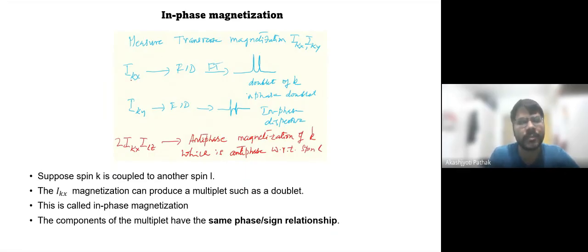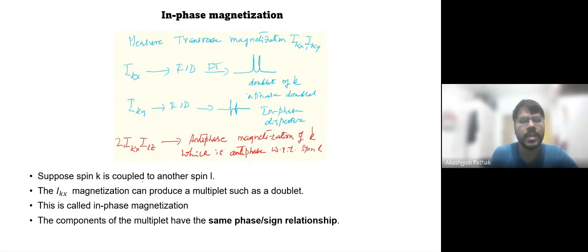When you are collecting an FID on the x-axis and you do a Fourier transform, what is present? You get a doublet of K, which is an in-phase doublet.